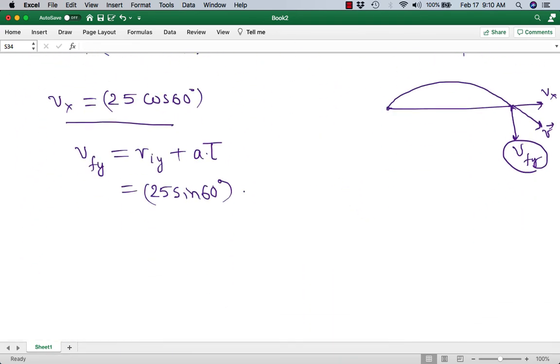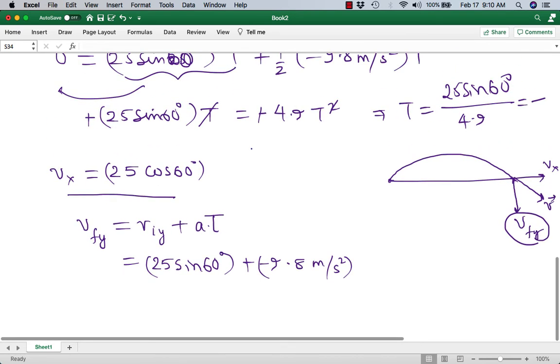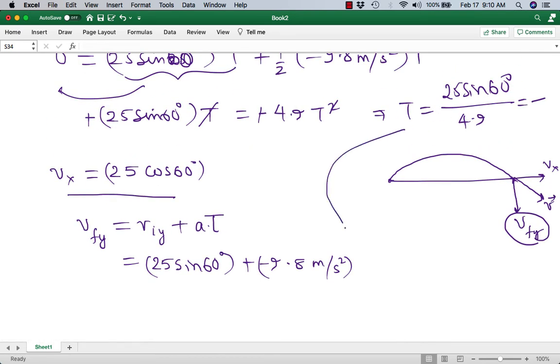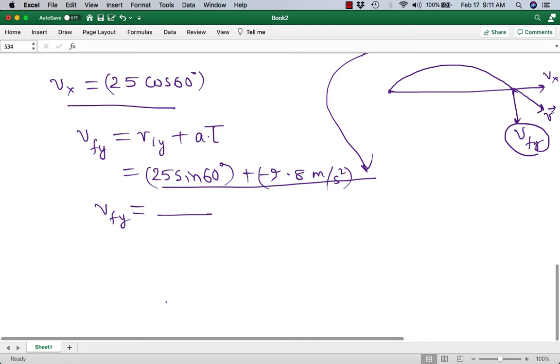And then a is negative 9.8 meters per second squared, and then T is whatever you get from here. Okay, so that will give you v final y. So do the calculation. You just plug in the number for capital T here, and then get the number for v_fy.